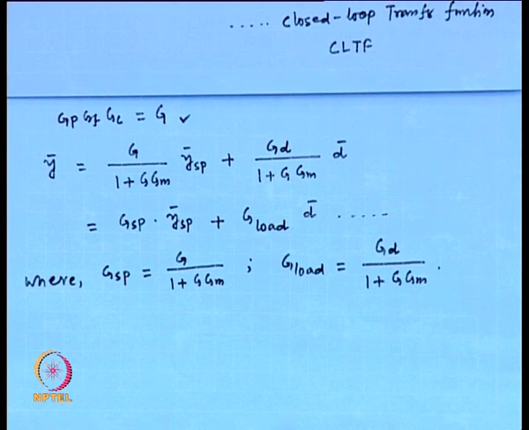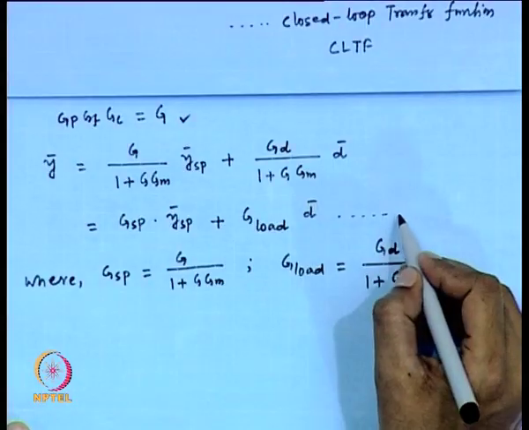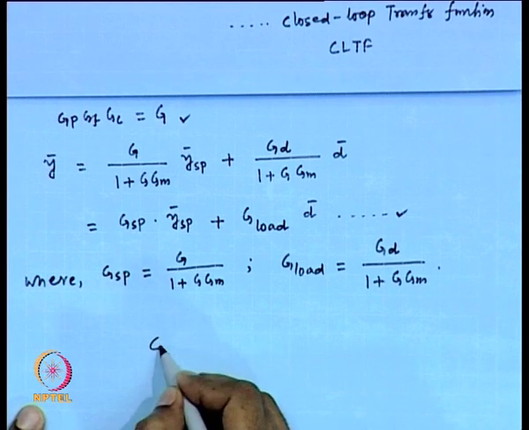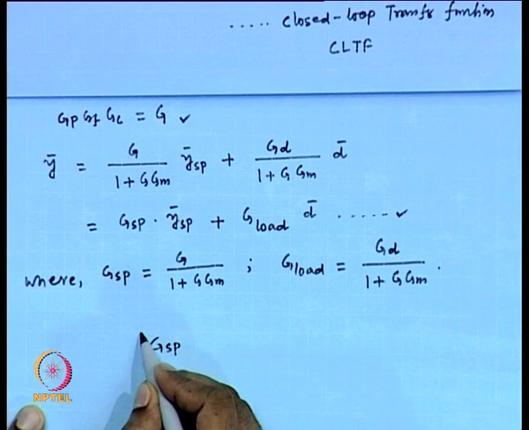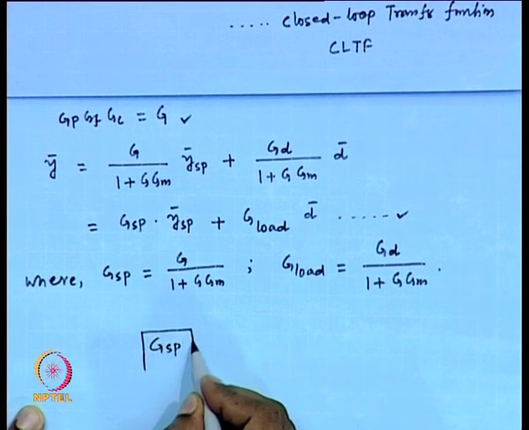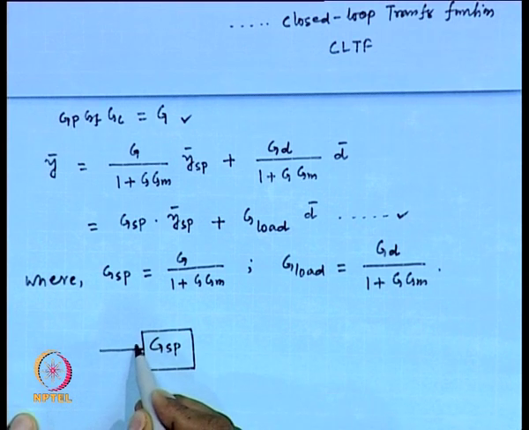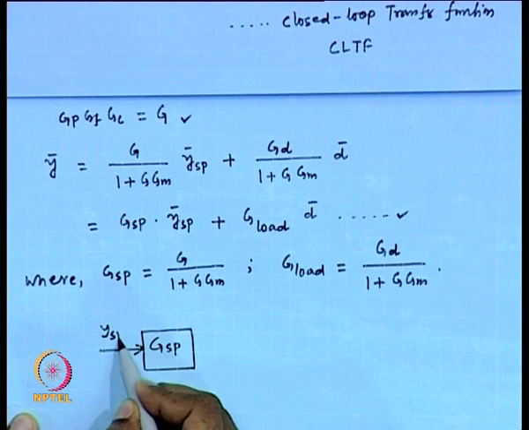Can we develop the corresponding block diagram? What will be the block diagram of this final form of closed loop transfer function? It is very simple. We can consider one block for G set point. What is the input? Input is y set point.